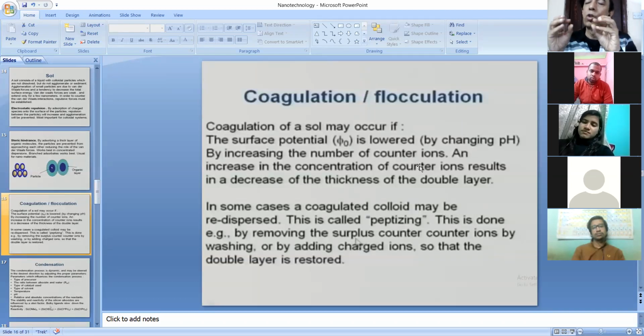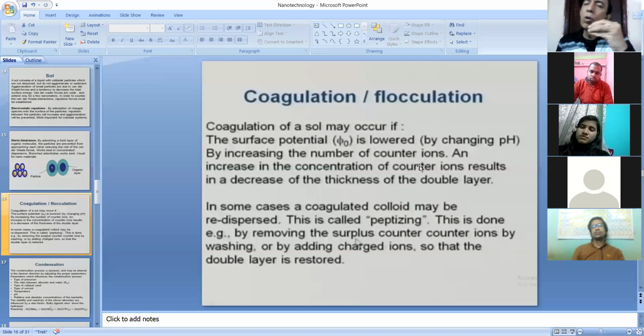For that, one salt repels another salt. But if by any means this charge, the potential, meaning the amount of charge, becomes low, then attraction between two salt molecules happens and it coagulates.